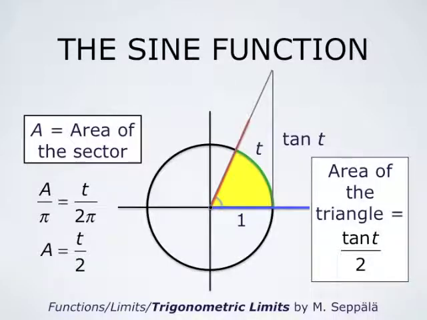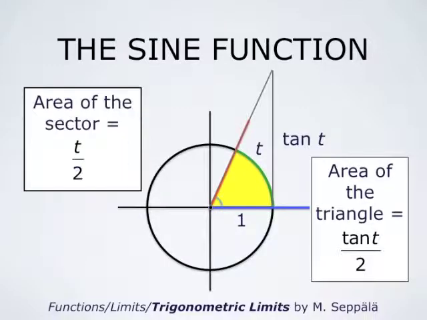Now, the right angle triangle in the picture contains the yellow sector of the disk. This means that the area of the right angle triangle is larger than or equal to the area of the yellow sector. If t equals 0, then all the areas are 0 and we have equality.